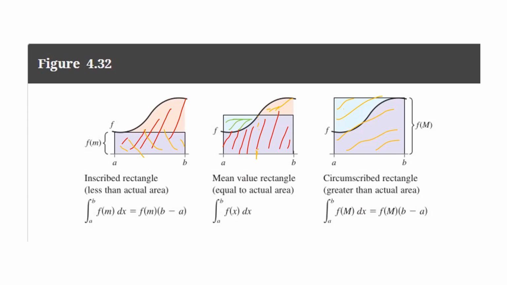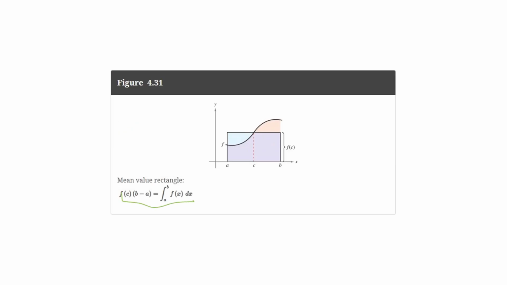However, if we look at this area here that is not covered by the rectangle, these two areas are equal. So we can assume that the area covered by this rectangle is equal to the area under the curve. This is the value for that area. The area of the rectangle will just be f of c, which is in this case the height, times b minus a, which is the width of the rectangle.